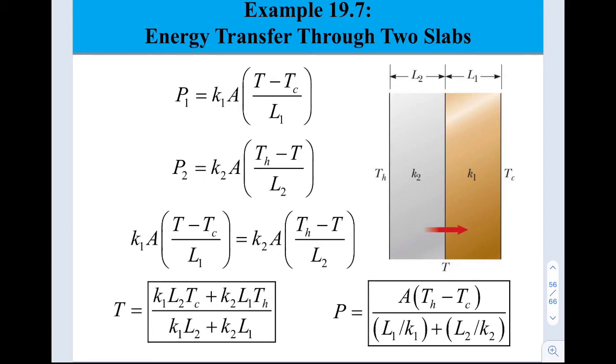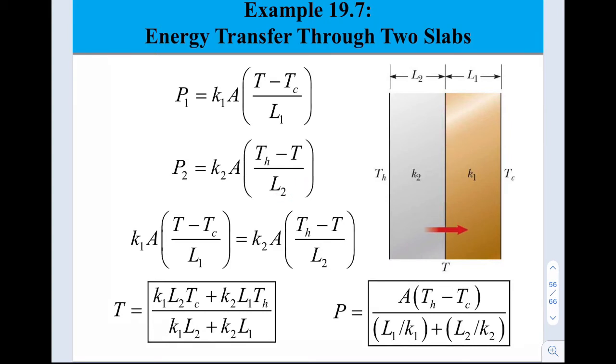So we have P1 equivalent to k1A(T minus T_c) over L1, right? This is for slab number 1 here. So what is the T? T is at the middle surface, the contact surface. Then P2 is equivalent to k2A(T_h minus T) over L2, with T in the middle here.